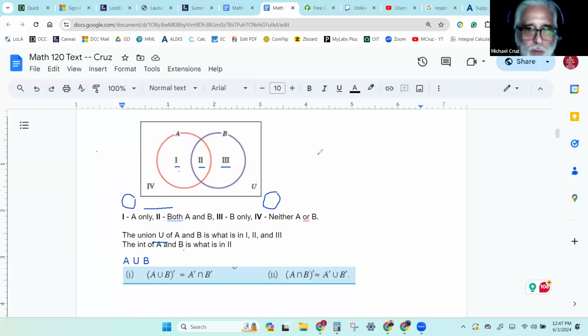Roman numerals 1, 2, and 3, in other words, that section of A that's A only, the 3, the section that's B only, and then the 2 Roman numeral, the section that belongs to both, are the only 3 things that make this up, the 3 areas. 4 outside is not part of the union of A and B, it's outside. All right. So A union B is just going to be this simple.